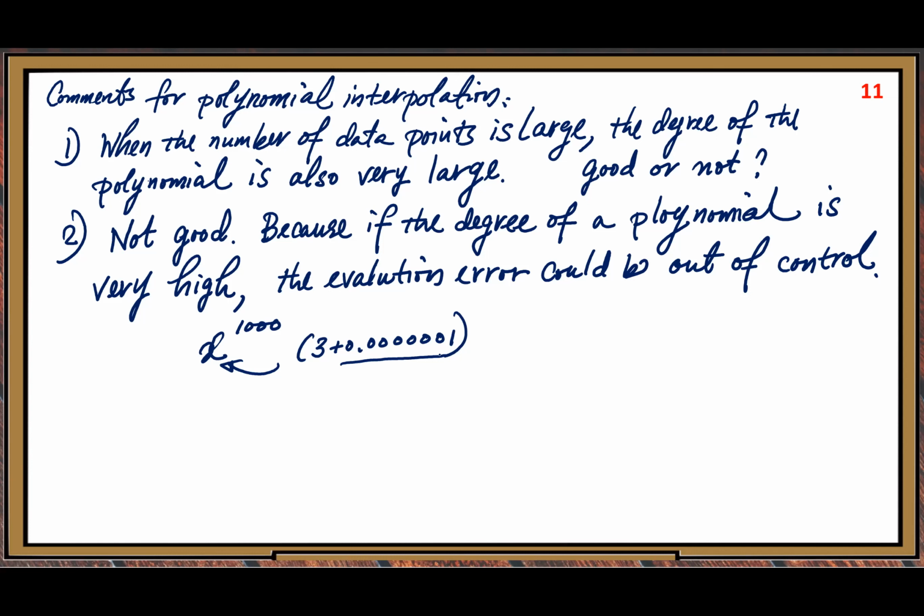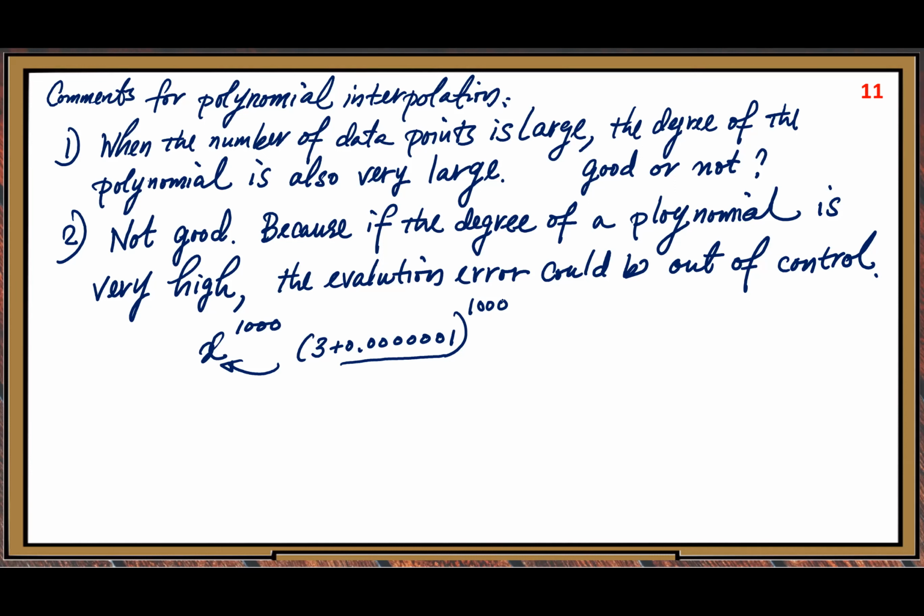We may feel the small error may not cause a big problem, but when you raise to 1,000, when the degree is so high, the error part could be accumulated to be very large, out of control. You cannot ignore the error part.